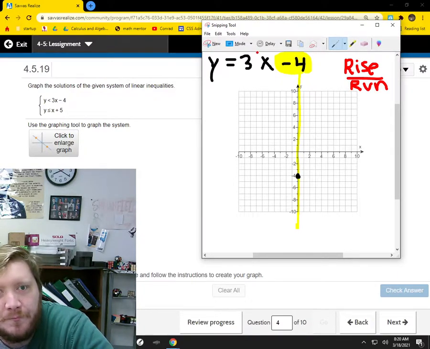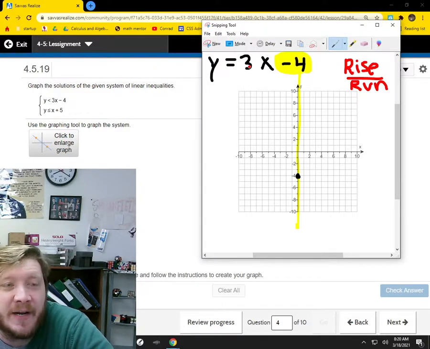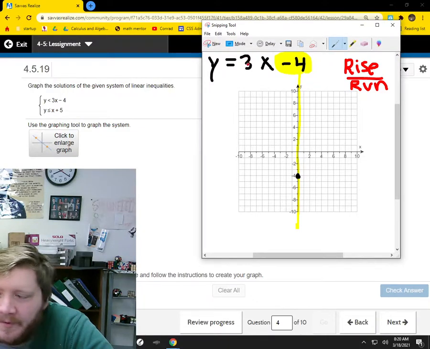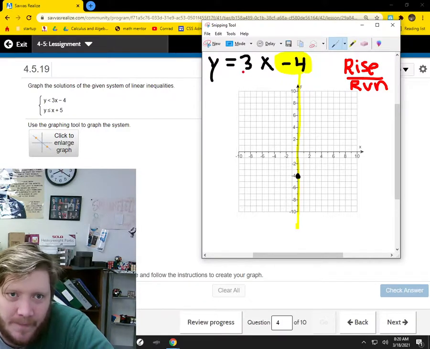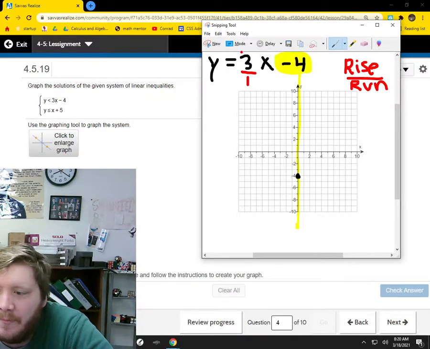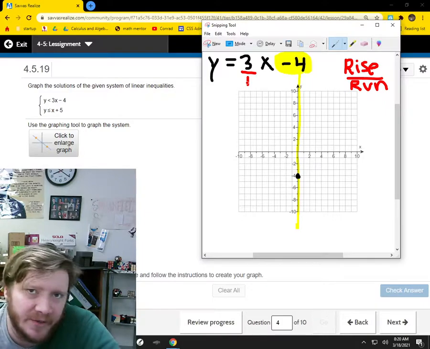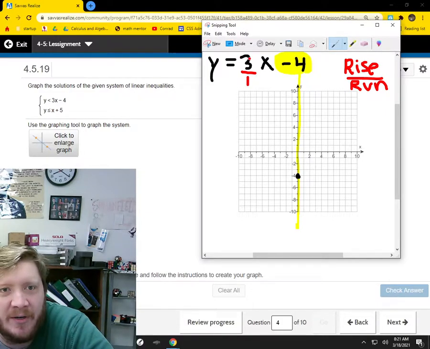So slope is always a fraction, even when it's not written as a fraction, because every number that's just a plain number, we call these integers, every integer is secretly over 1. This is always true. Pick any whole number, any integer you want, divide it by 1. What do you get? What's 3 divided by 1? It's still 3. So that's why we can put that over 1. So I see 3, I see 1.